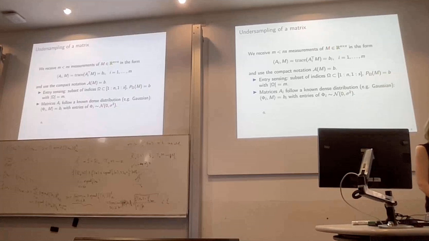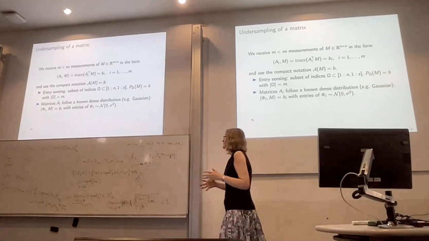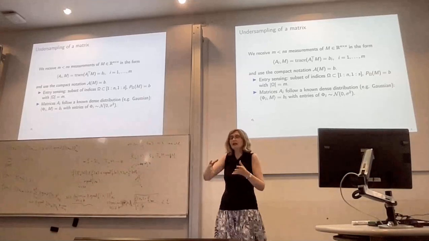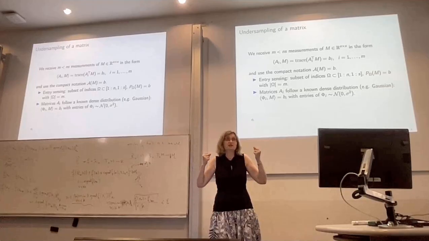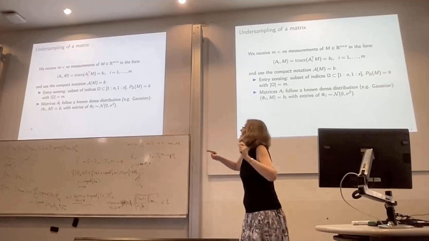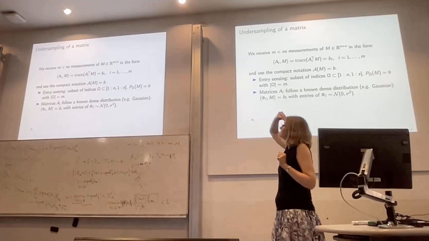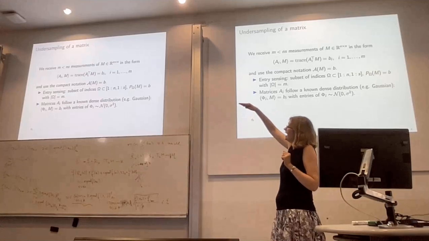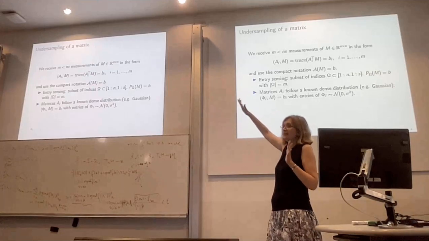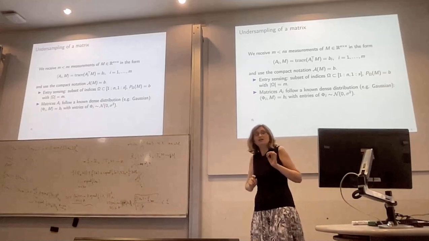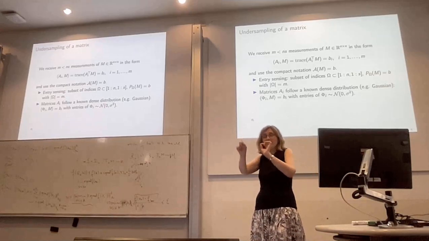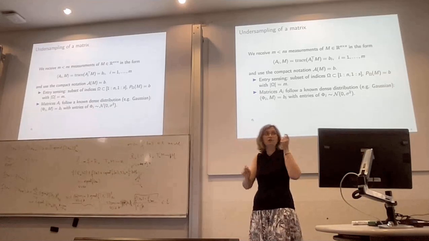Okay. So first of all, what we care about is that we are going to see measurements of our matrix. So let me just set notation and say that I'm going to sense my matrix M that I don't know. Either I have so-called entry sensing, so I know specific entries in the matrix, like your preferences for films or something, right?